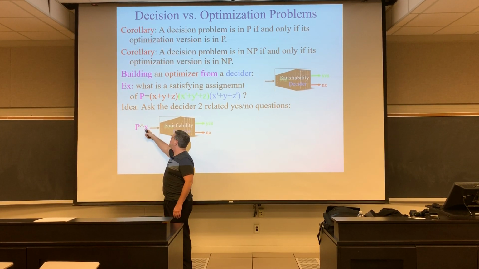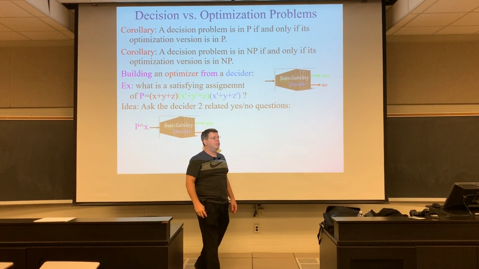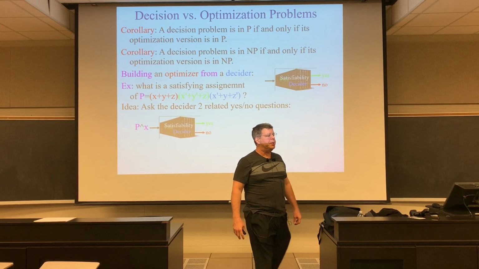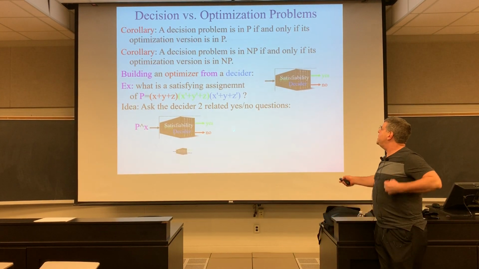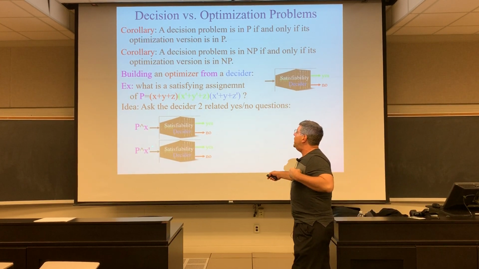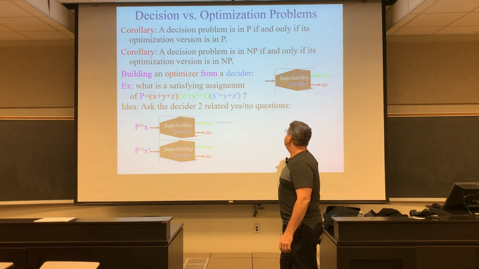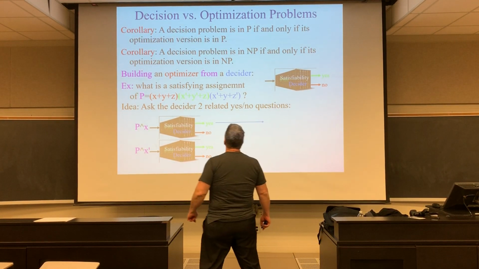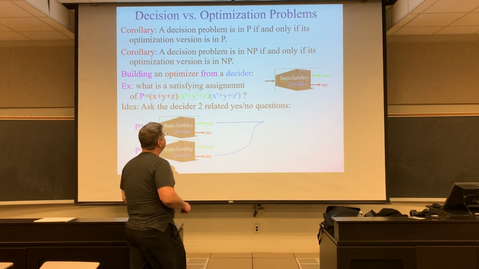P is the formula, X is just one variable, and the AND is just the conjunction that we know and love from Boolean logic, the AND operator. So if I ask it, is P and X satisfiable, it says yes or no. We could also ask it about P and X not, if it's satisfiable or not. Then it can say yes or no. Okay. So let's say P and X is satisfiable.